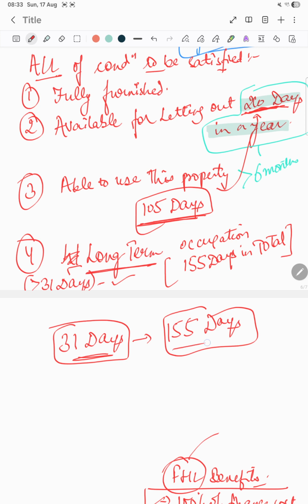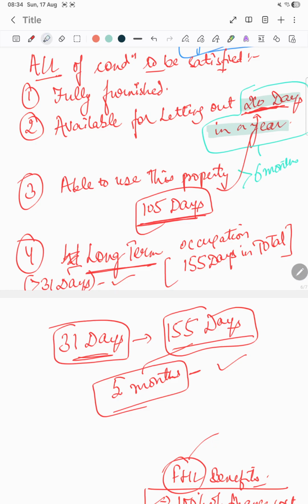So is this clear? Why 155 days again? 5 months. If one tenant is staying in the property for around 6 months, which means he wants to get that property permanently occupied. So 5 months is the period where HMRC says that yes, this will be considered as FHL.